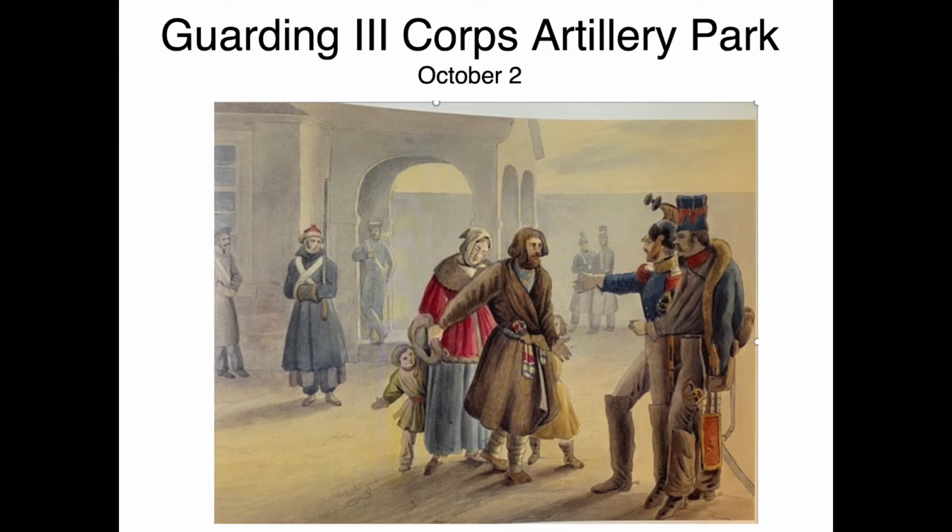And Faber de Faur says, one of the sentries, a Dutch gunner, keeps out the cold with a fur cap, warms his hands in a muff, and under his greatcoat sports a nightgown. Such precautions were but the prelude to the universal adoption of attempts to keep out the cold. So you can see he's got this nightgown on under stress, so they're already starting to feel the coming of winter.